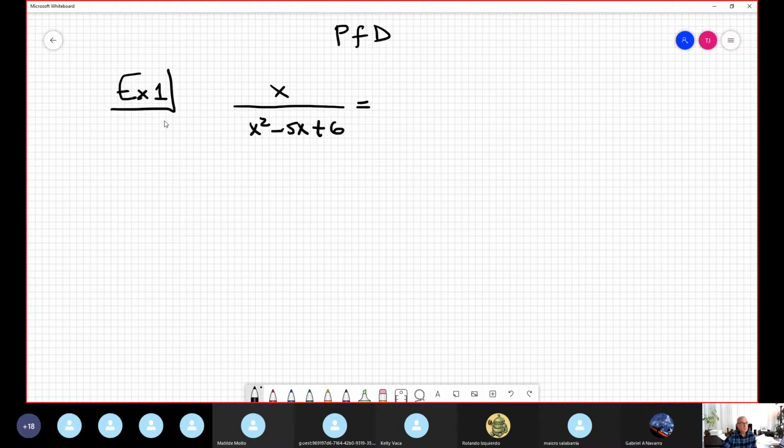By the way, guys, there is software. See, I have time, I show you how. Oh, I forgot the name. Wolfram Alpha. Okay, you put the expression and you put PFD, and it automatically breaks it down in partial fraction decomposition.